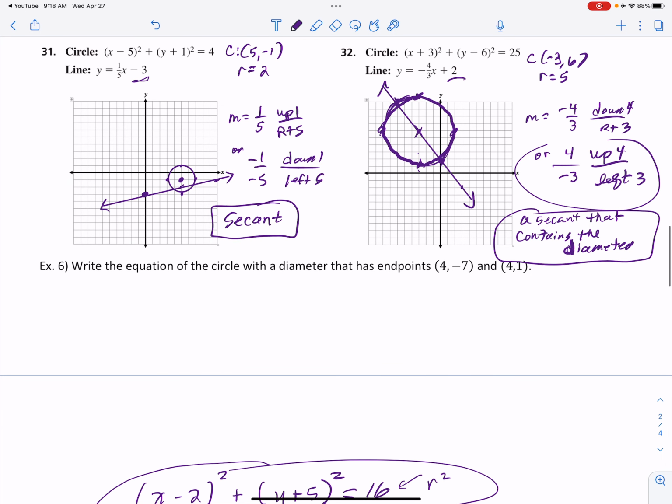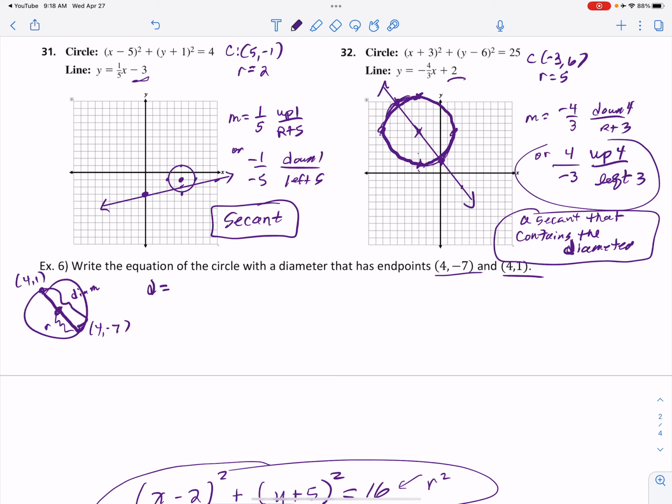And then write an equation of a circle with a diameter that has these endpoints. Well, you've got a circle, and you've got a point (4, -7) and a point (4, 1). Well, I don't want to draw this very accurately. The idea is if I find the midpoint of those, I will have the center, and if I find the length, I get the length of the diameter, and half the length of the diameter is the radius.